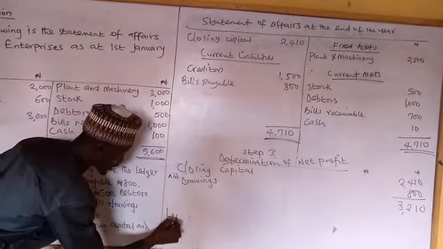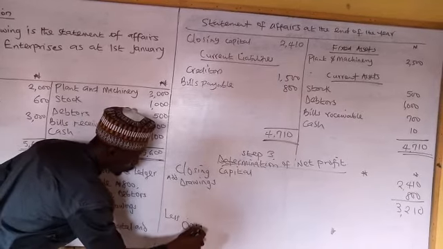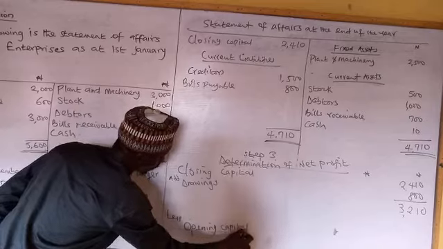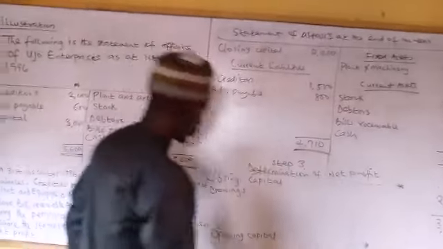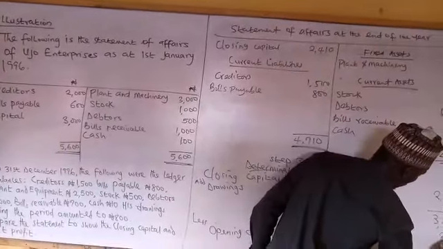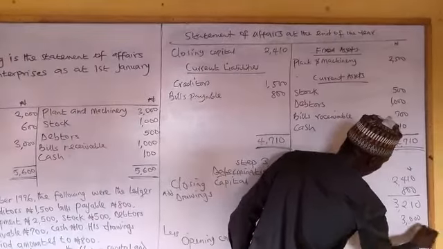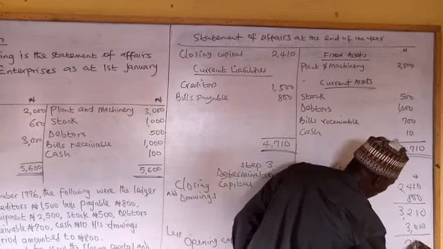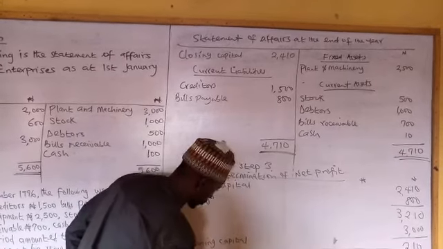Then less the opening capital, which here was 3,000 naira. If you remove 3,000 from 3,210, you have 210 at the end of the day as your net profit.